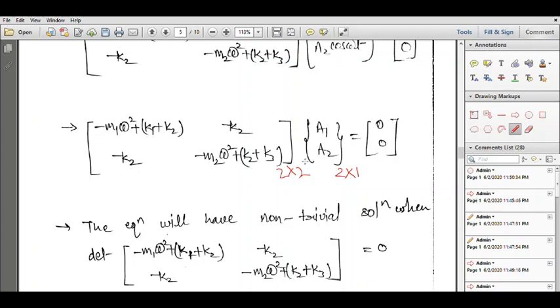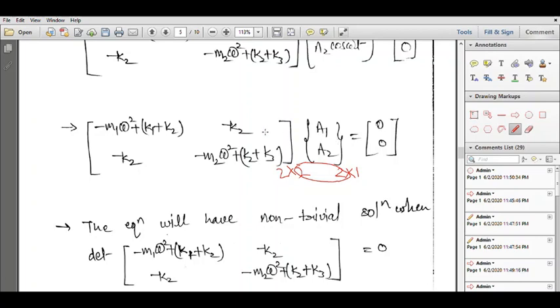Now, the product of these two matrices must be equal to a zero column matrix, and the order of the product of these two matrices will be 2 cross 1. Right? Now, if I want to have the non-trivial solution, because the product of two matrices is equal to a zero matrix, that means the determinant of any one of the two matrices is equal to 0.